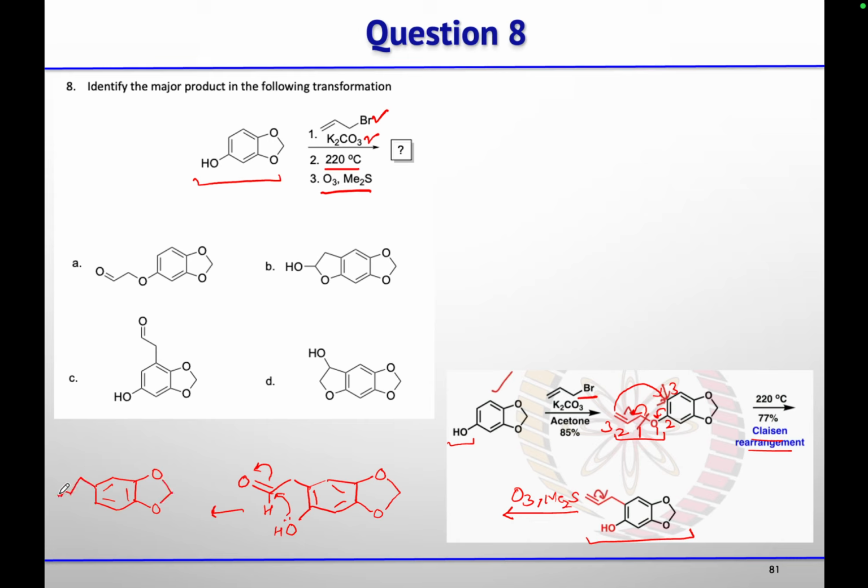So here we will get the lactol, with the oxygen and this. So the desired product is option B. The hydroxyl group is next to it, and the lactol is forming, not this one. It will not stop at the aldehyde stage; it will react to form the lactol. The other option is not correct, since it skips the Claisen rearrangement in the second reaction. So the correct option is option B.